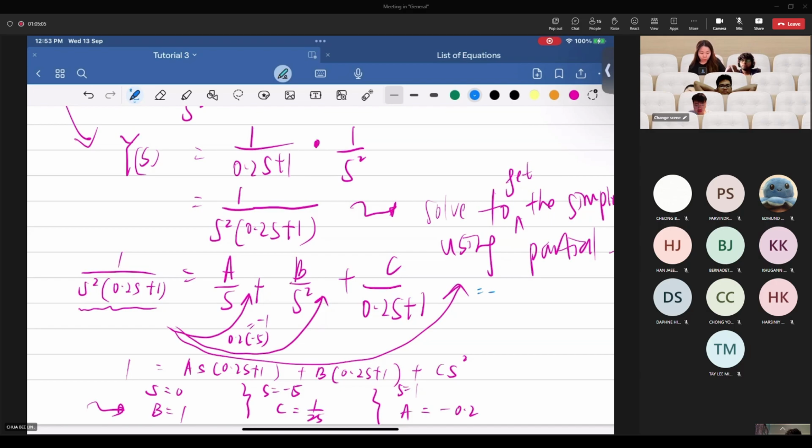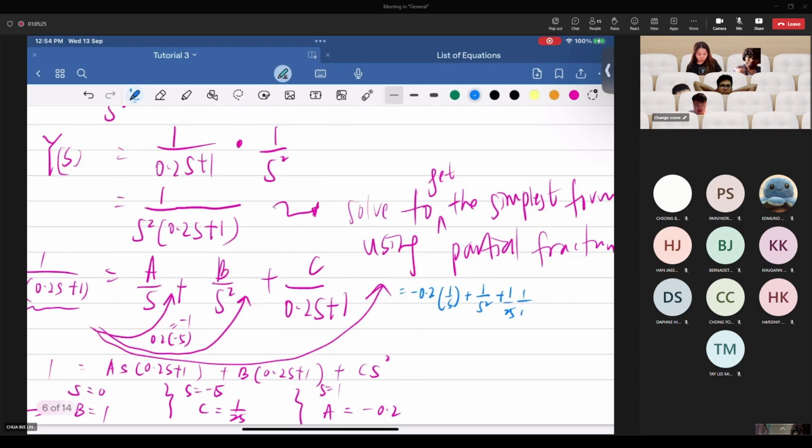We always write the coefficient outside, then 1 over s plus 1 over s squared plus 1 over 25 times 1 over 0.2 s plus 1.